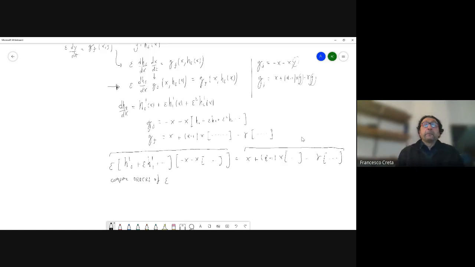By equating all the orders, you will find sequentially first h0. Then you will need the derivative of h0, which you have, and you'll find h1. Then you'll need the derivative of h1, etc., and you'll find h2.